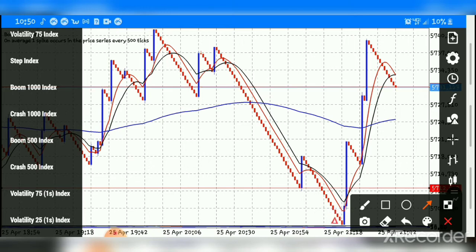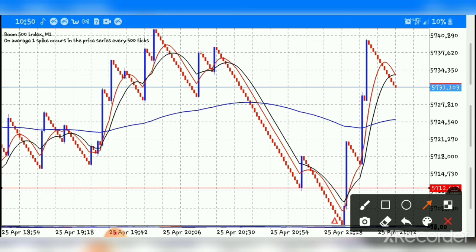If you have to trade spikes, you have to enter before the spike happens, because spikes usually happen in seconds. I will have done my analysis and I will have known that there will be a spike very soon. Let me say I enter somewhere around here.